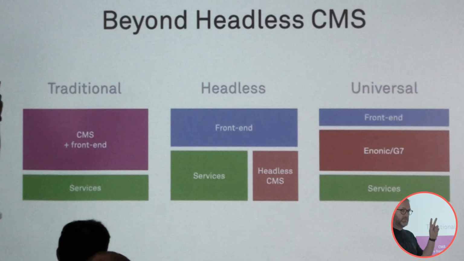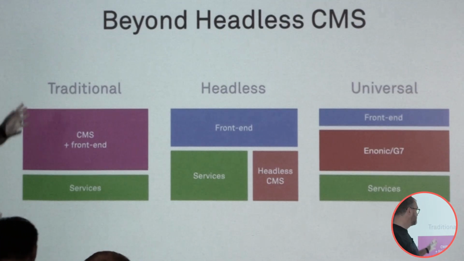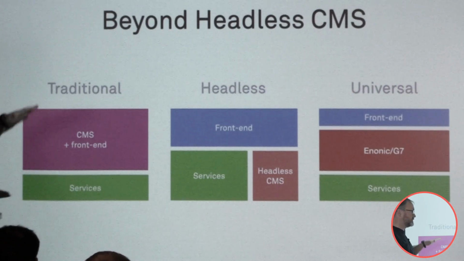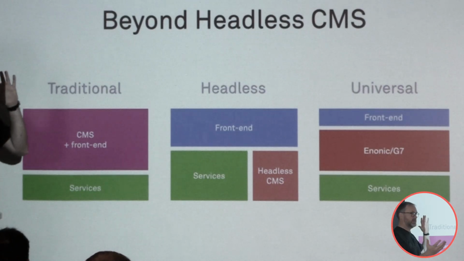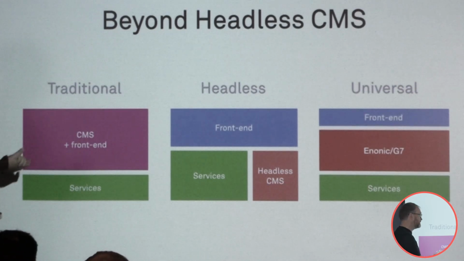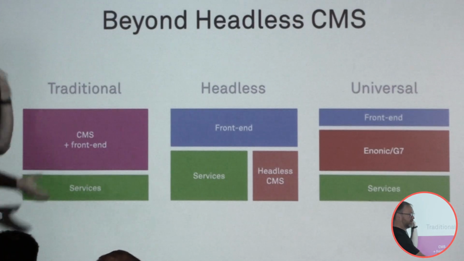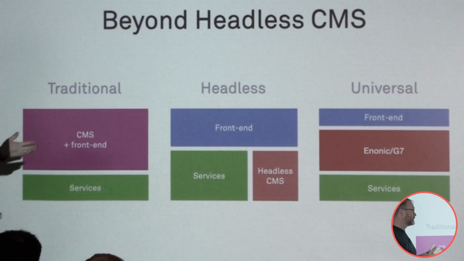So what do I mean beyond Headless CMS and why is this important? The traditional CMS kind of tried to do everything, right? You had the front end obviously inside it. That was a big part of the CMS, the rendering and the delivery, and then the content management, but also other things like personalization and whatnot, right?